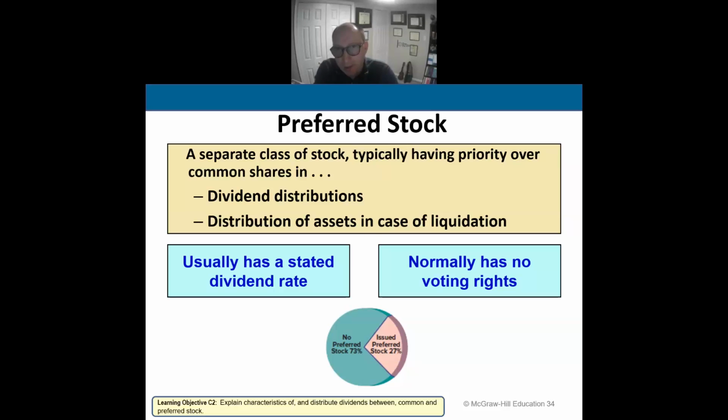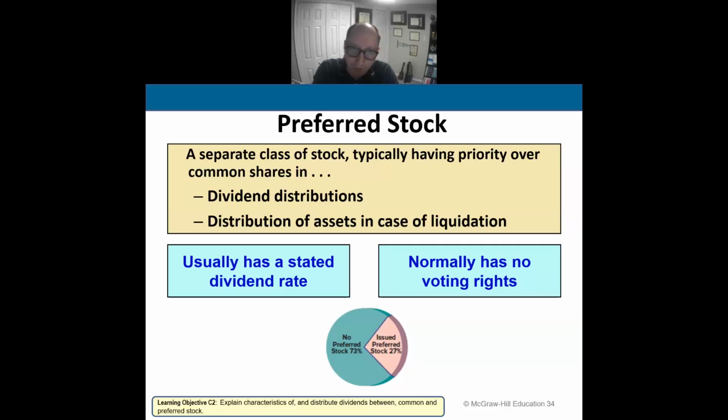Preferred stock is treated a little differently with respect to distributions of dividends and assets in case of liquidation. In most cases, preferred stock is held by employees of the company, the board of directors, the CEOs.